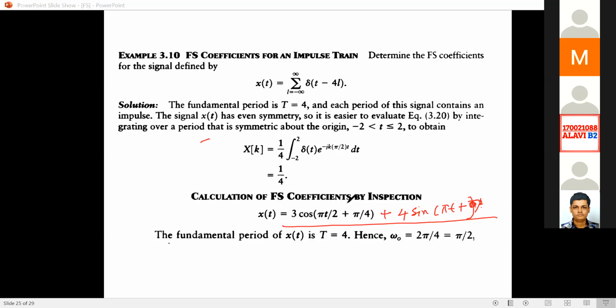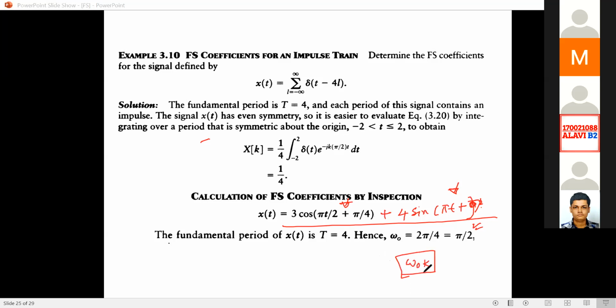Your sine term will give you 2 and your cosine term will give you 2, isn't it? But altogether, how many things are there? Okay, you see that you cannot add a term arbitrarily with this signal. The reason is that we have to add a term in such a way that they are harmonically related. Harmonically related means the higher frequency will be a multiple of k, isn't it?